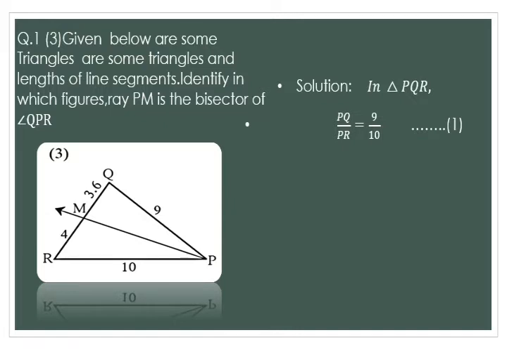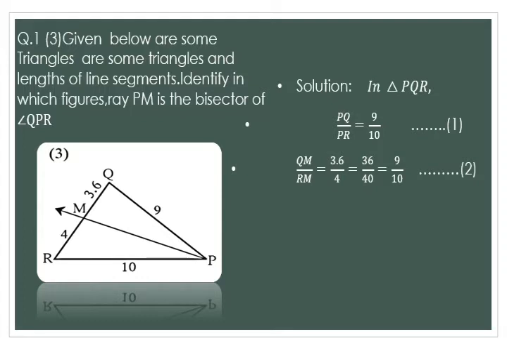Now we will find the ratio of QM upon RM. QM upon RM is equal to 3.6 upon 4. Here the number is given in decimal, so to remove the decimal we multiply 3.6 by 10 and the denominator by 10 as well. So we get 36 upon 40.